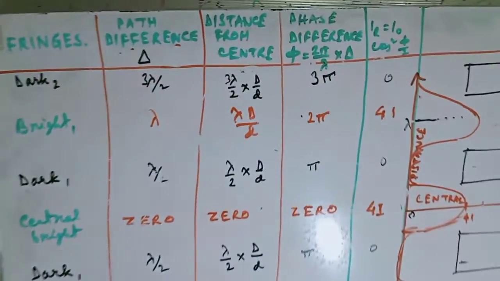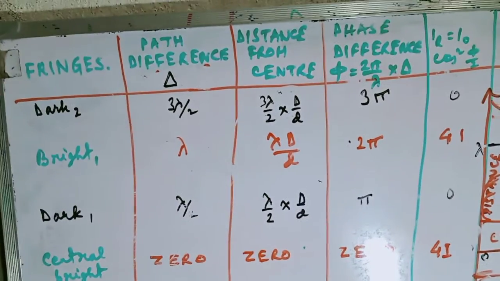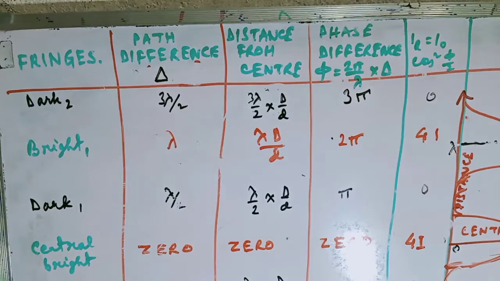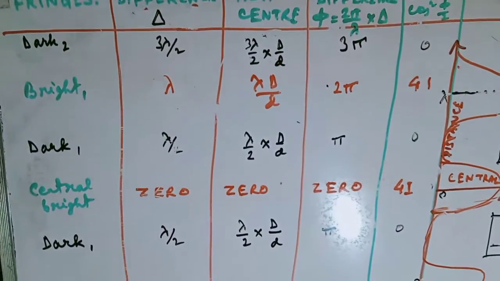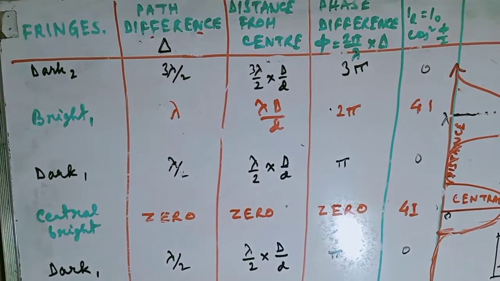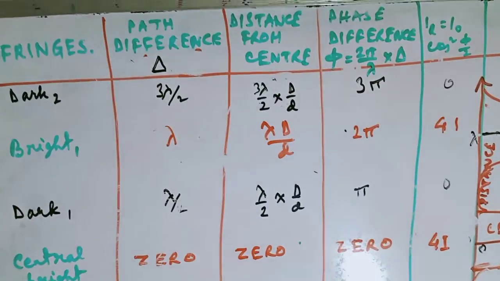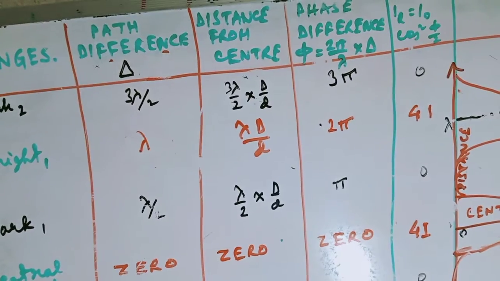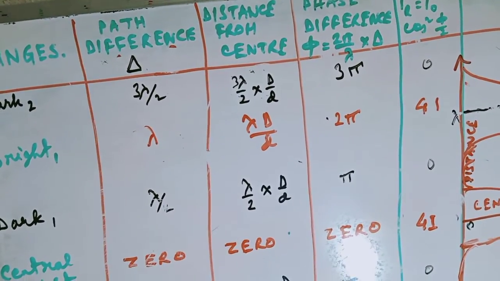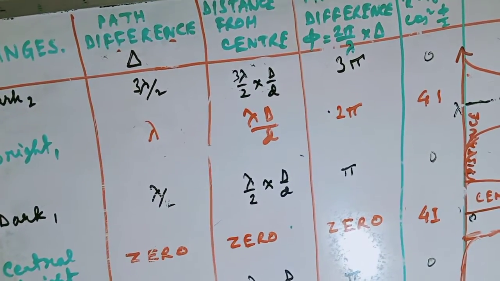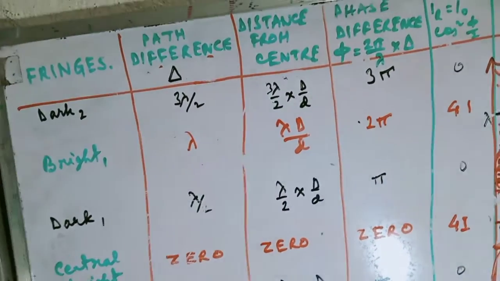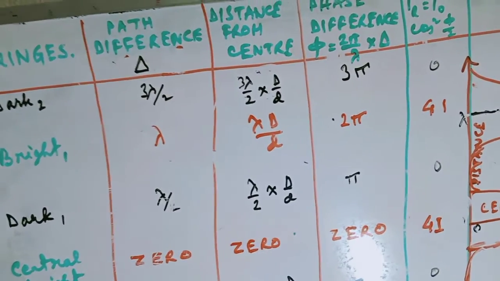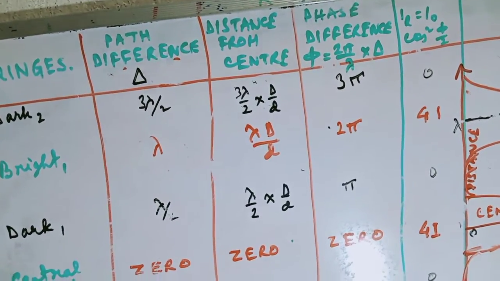See the path difference, phase difference. I have shown you the path difference. Now see the phase difference. Phase difference is 2 pi by lambda into capital D. So for the central brightness, the phase difference is 0. For the first bright patch it will be 2 pi. How? 2 pi by lambda into capital D. Capital D is given here.